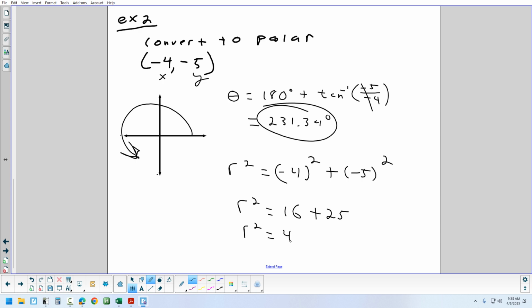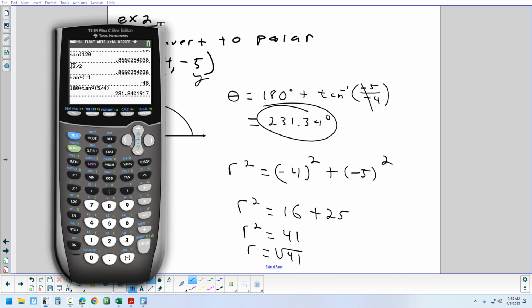And what's my last step to get r by itself? Square root. Now, since the angle was already rounded off to a decimal, I would say why don't we just round the radius as well. Okay. So square root of 41, it's about 6.40.